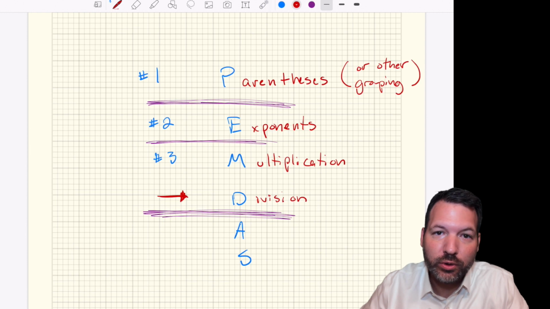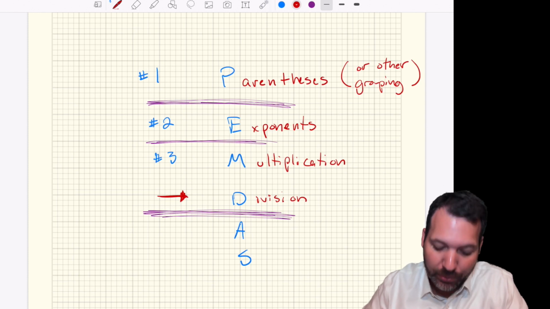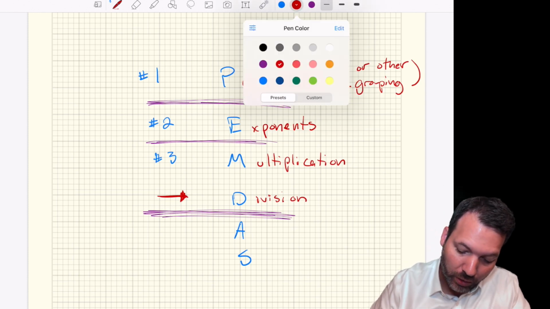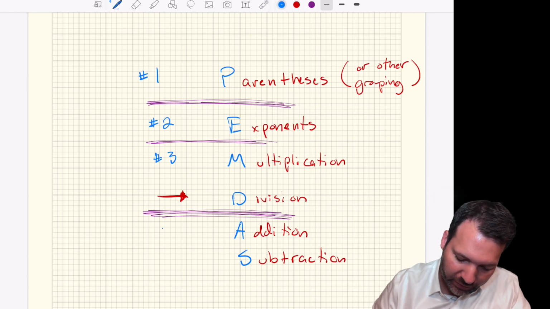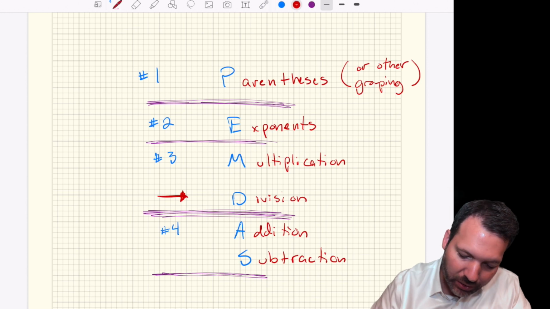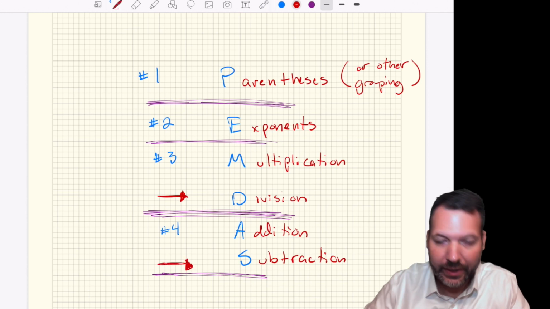So you do actually move left to right for multiplication and division. Just because the M comes before the D in PEMDAS does not mean that your multiplication always has to come before division. And then finally we get addition and subtraction. Once again, just like with multiplication and division, they get the same level priority, both level 4. And so once again, we're simply going to do them in order from left to right.